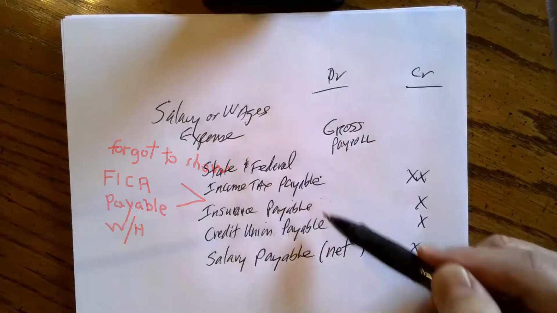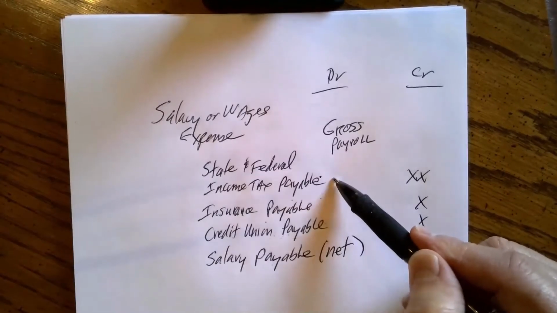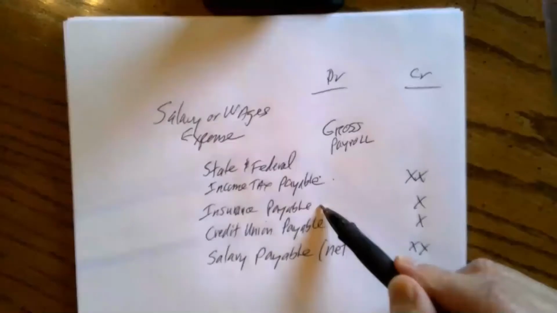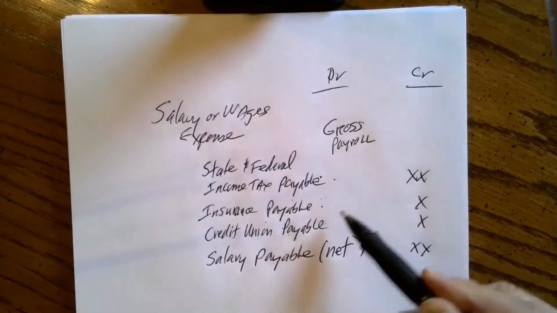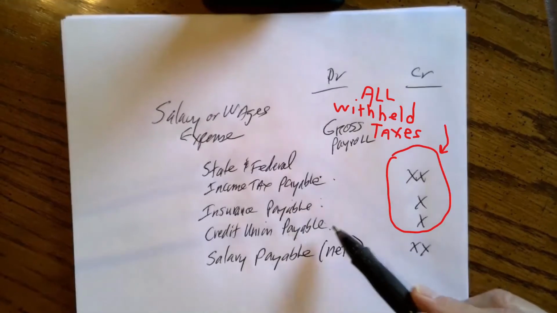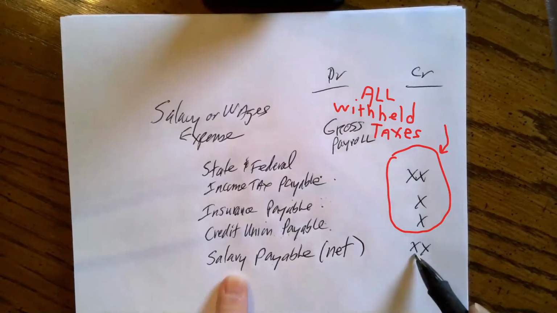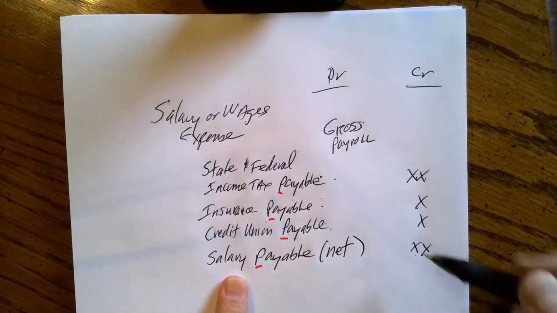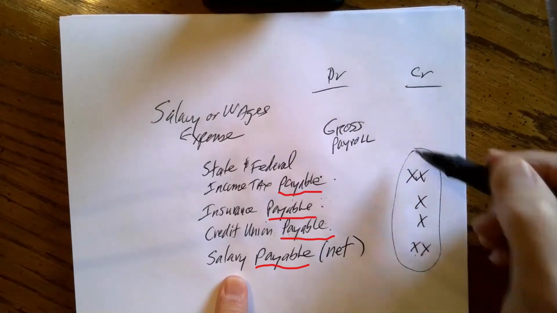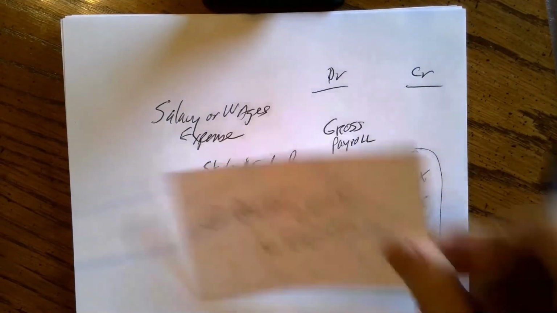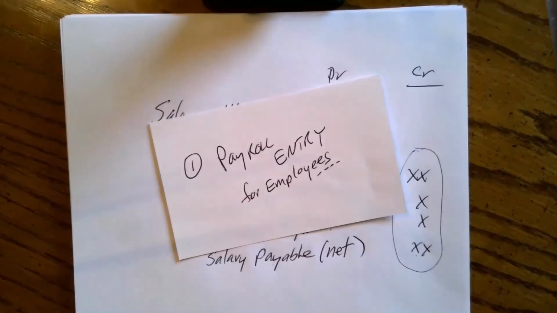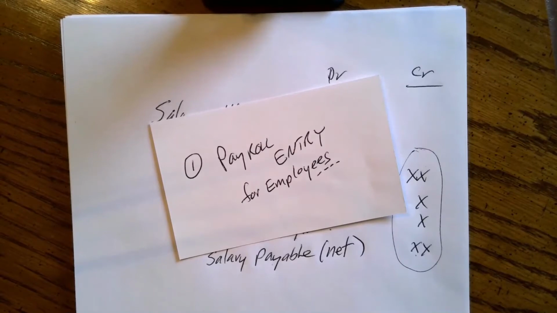They're all payable to either government agencies or insurance that the employee is responsible for paying, any credit union voluntary deductions, and finally the net pay, salary payable to the employee. All these are current liabilities and this is the first journal entry you must do related to the payroll entry for employees.